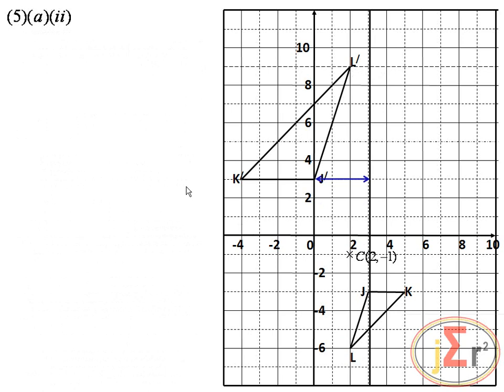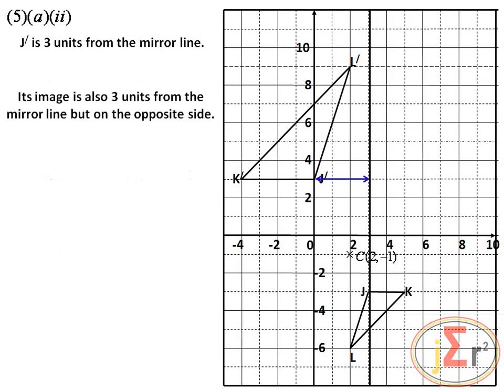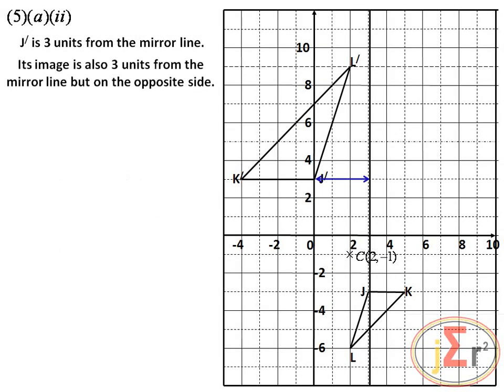Let us begin with J. J is 3 units from the mirror line. Its image is also 3 units from the mirror line, but on the opposite side, like so. K is 7 units from the mirror line.